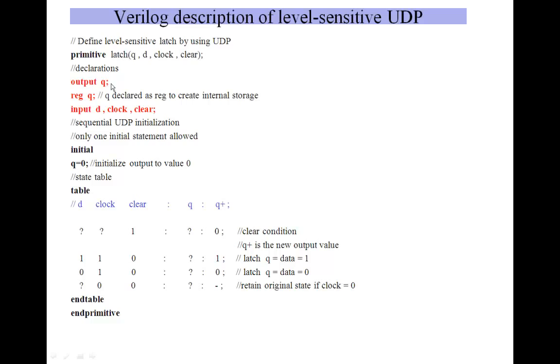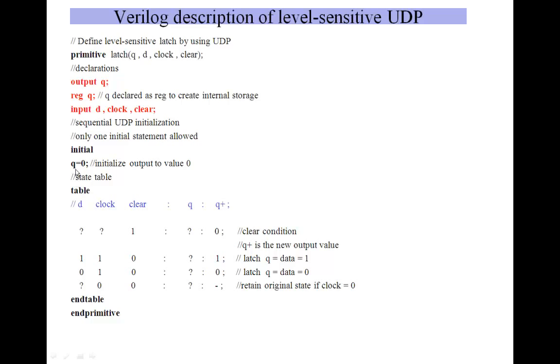Output Q. This output must be redeclared with the keyword reg Q, and then input D, clock, clear. This output must be initialized to a known value in sequential circuits. We do that with the help of the procedural construct initial. Remember, only one initial statement is allowed.